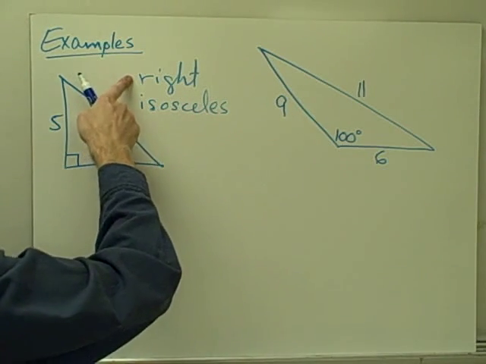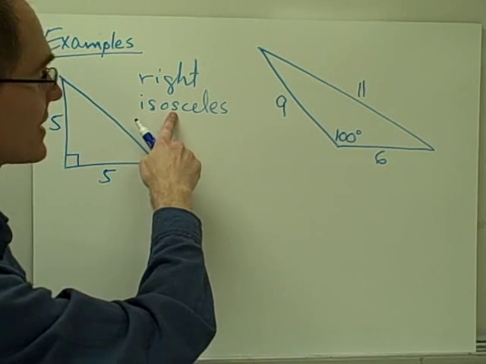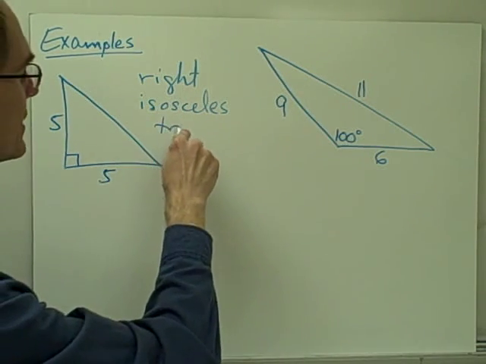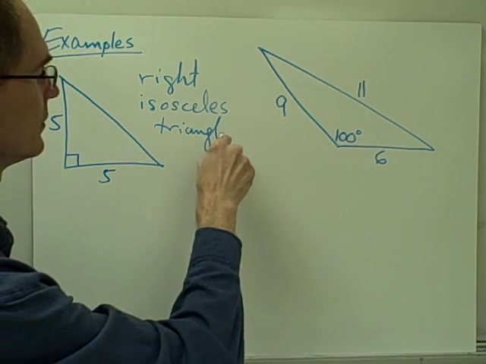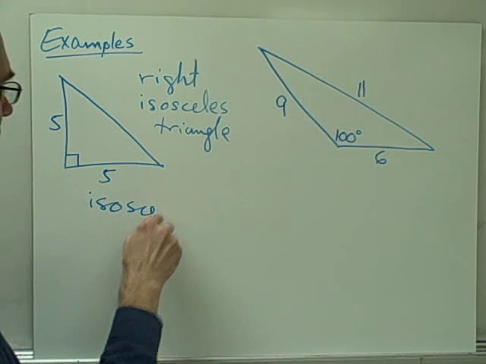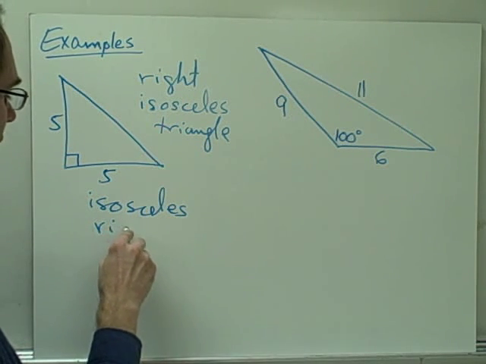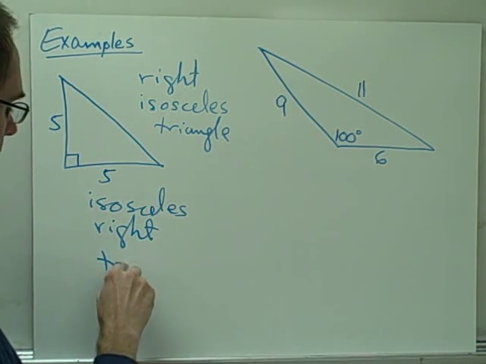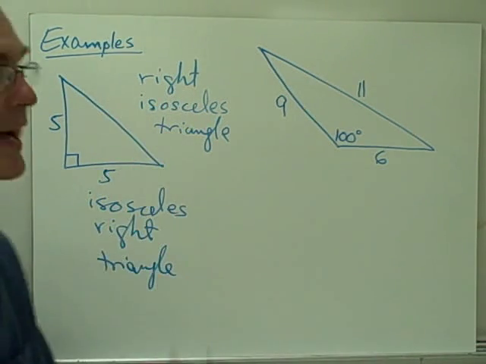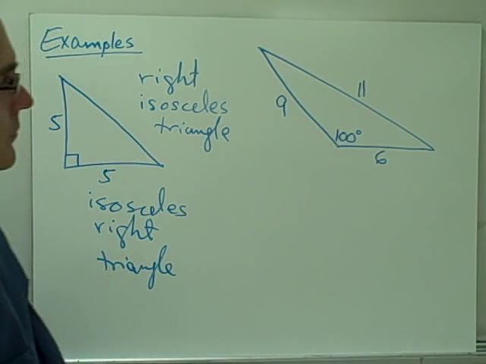So this classifies the triangle by its angles, and this classifies the triangle by its sides. So this would be a right isosceles triangle. And I could also, by the way, label this an isosceles right triangle. So the order in which I classify my triangles doesn't matter.